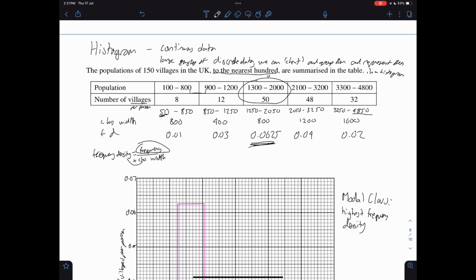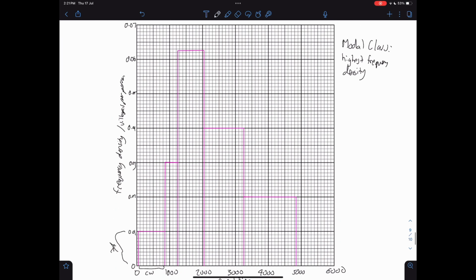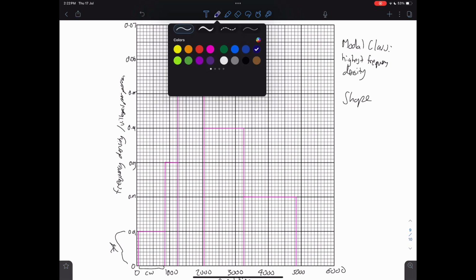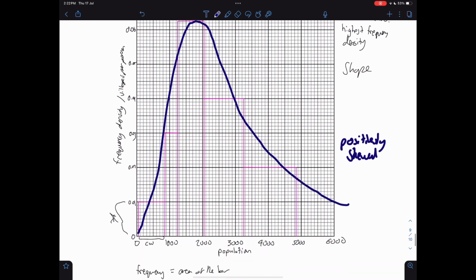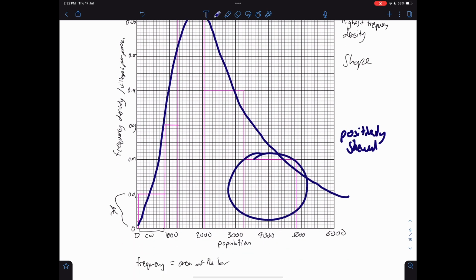And then we can also look at the shape, and we can kind of do this by drawing a bit of a curve over the bars, and we can see that this is positively skewed. There's a few higher values that are skewing the mean to the right.